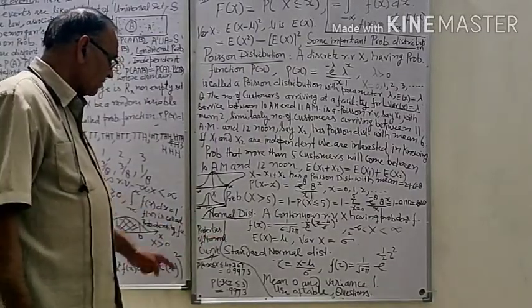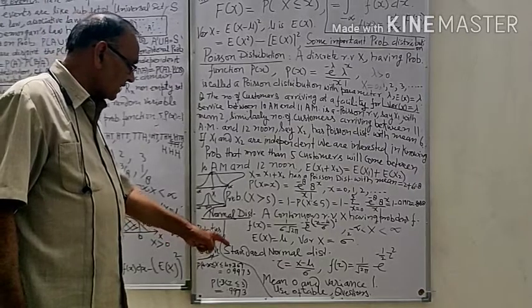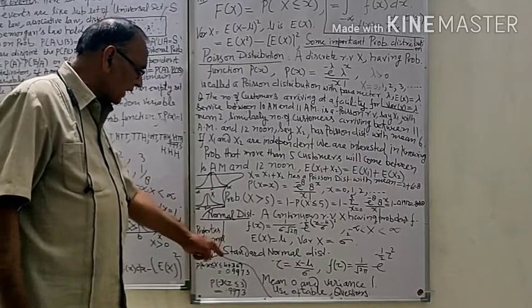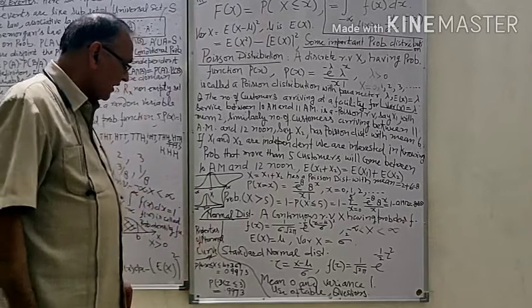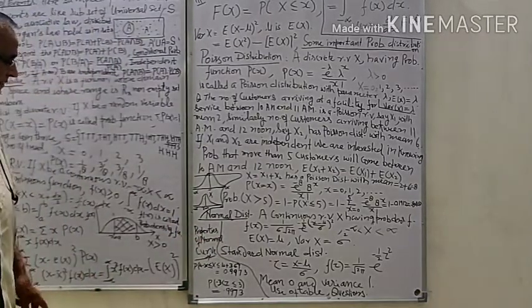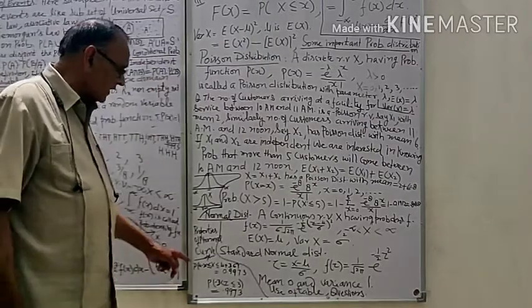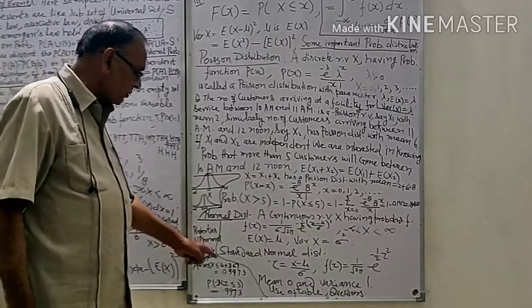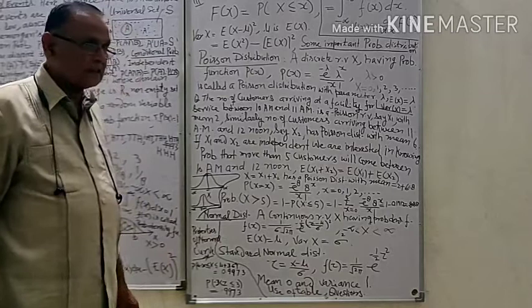Its probability is 0.9973. It means more than 99.73% of the values of the normal random variable lie between mu minus 3 times the standard deviation and mu plus 3 times the standard deviation.